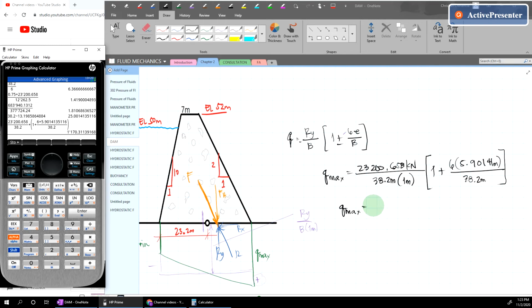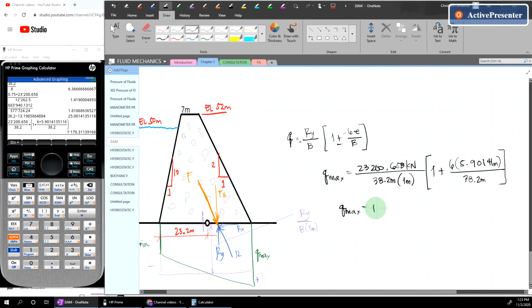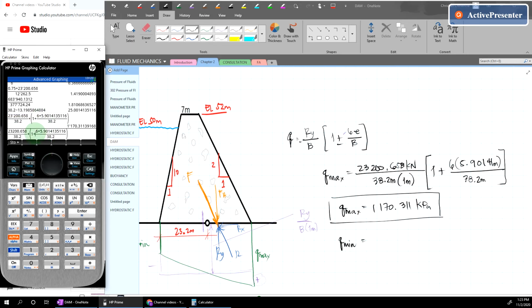Okay. So, meron tayong 1,170.311. So, this is in kilopascal. Then, for the minimum soil pressure, so, of course, yun din naman, no? Except, ima-minus lang natin to. So, magiging 1 minus 6E over B.